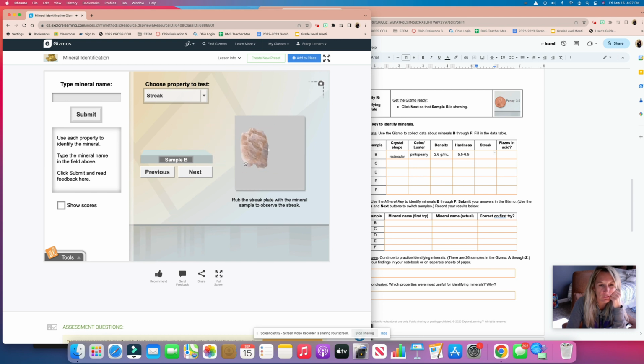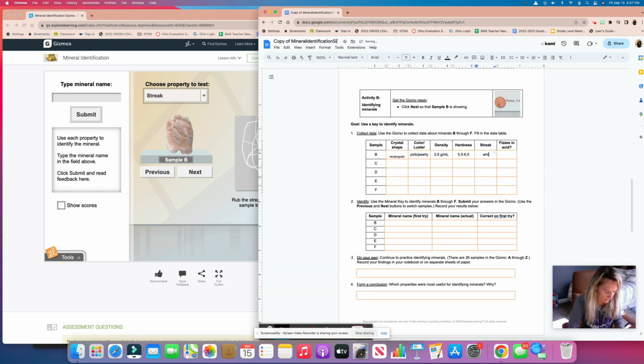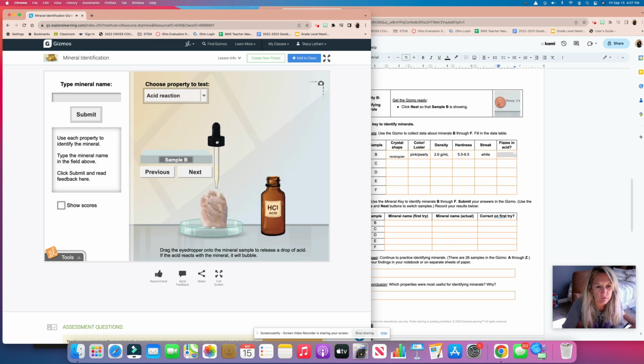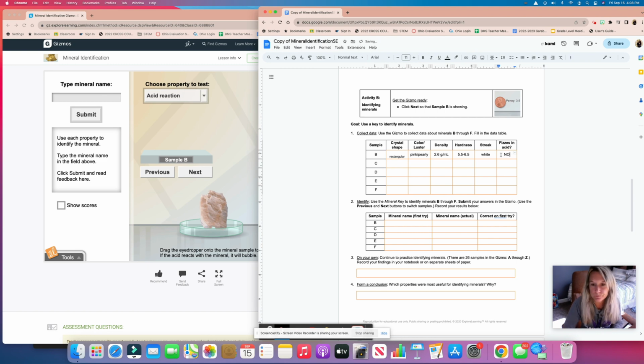So let's see, what color does it streak? All right, well, that looks pretty white to me. All right, we're gonna do white. Next property, acid reaction. Does it fizz? Nope, just splashes on it, but I don't see any fizz. So we're gonna write no.